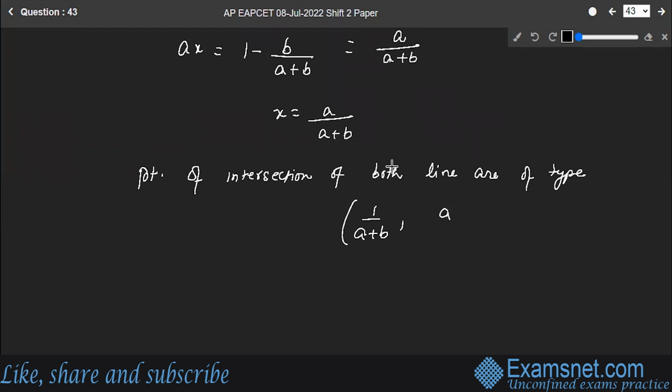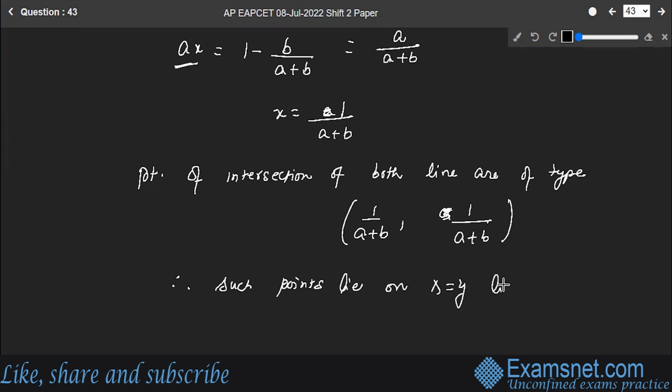Wait, sorry, here is AX, right? So this has got to be 1. This was AX, right? So here will be 1 upon A plus B. Therefore, such points lie on the X is equal to Y line only.